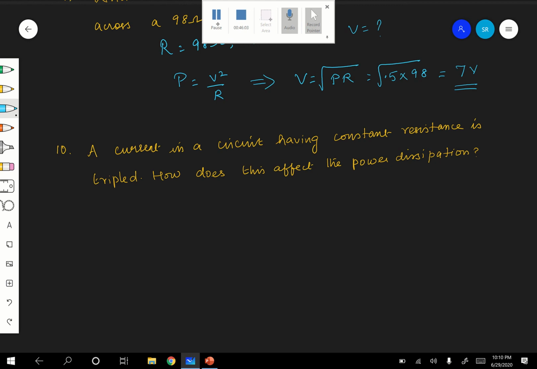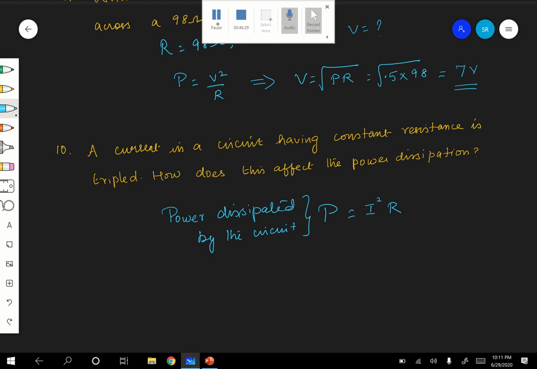Therefore, the power dissipated by the circuit, P, is equal to I squared R. Why? Because only I is changing, R is the same.